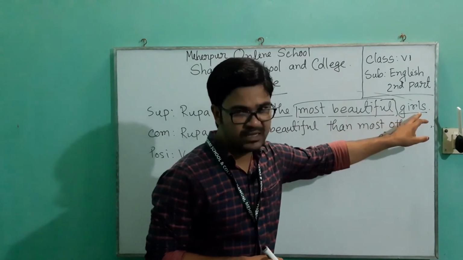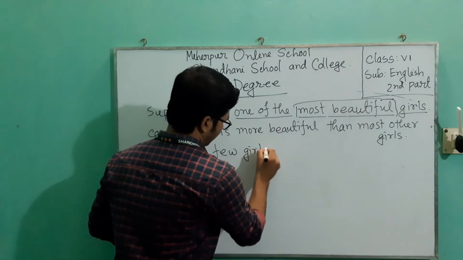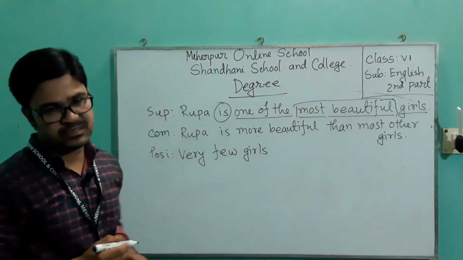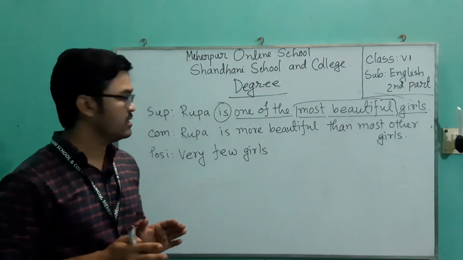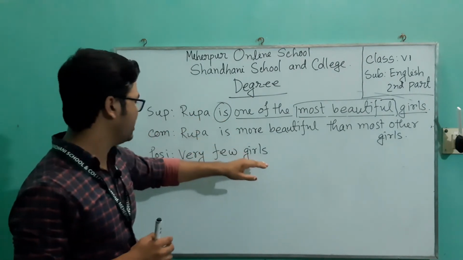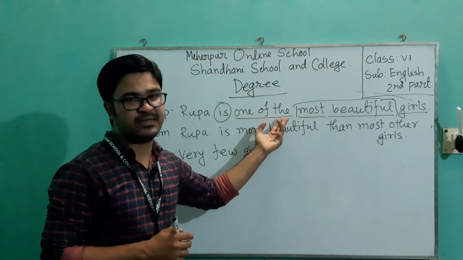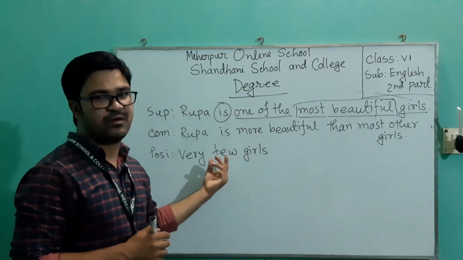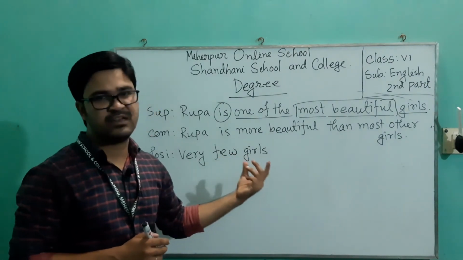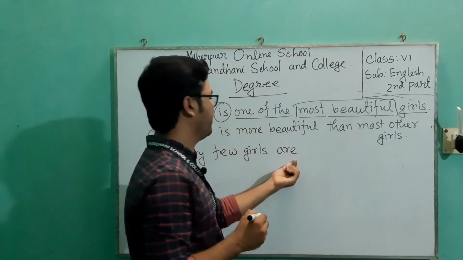Rest of the words only girls. So we have to write girls. And verb, here a verb is, but we have to write are. If we see the verb is, then we have to write are in a positive sentence if here is one of the, because very few is the plural subject. So we have to write the plural verb. So we have to write are.